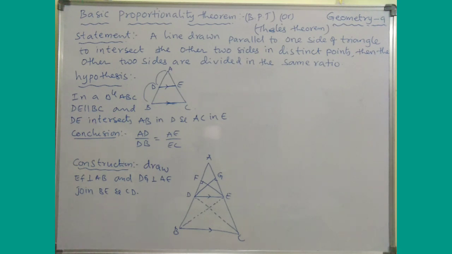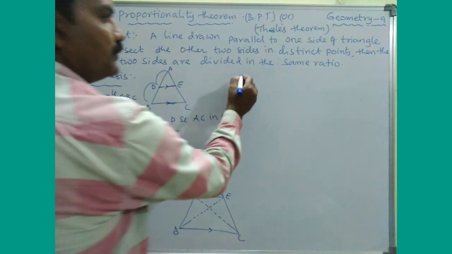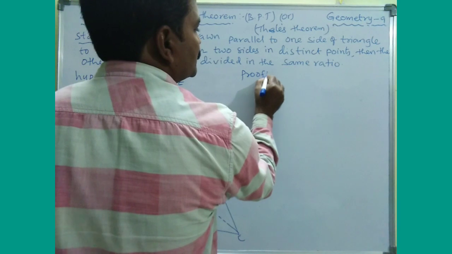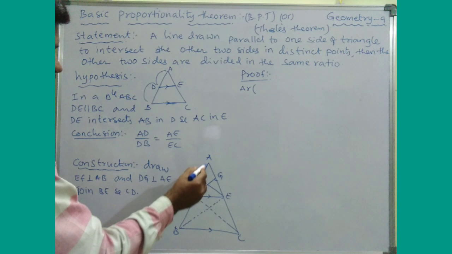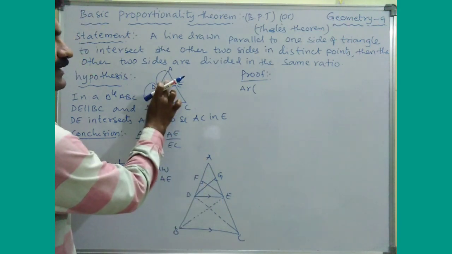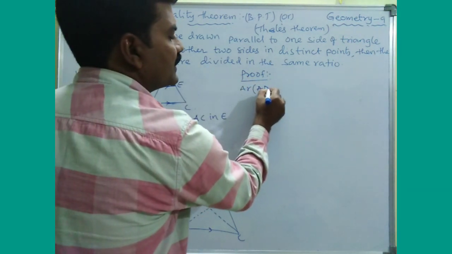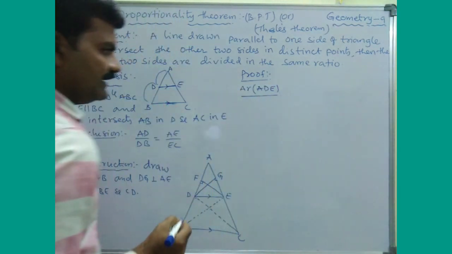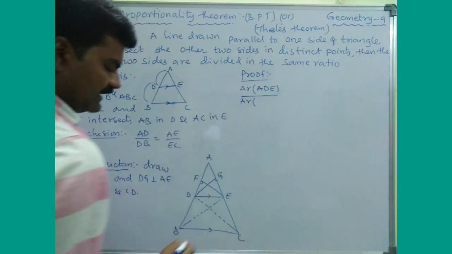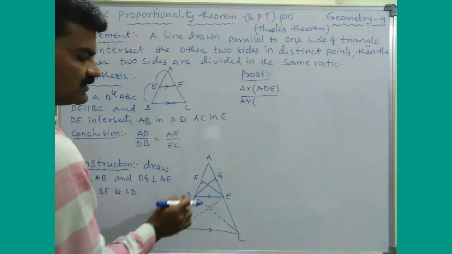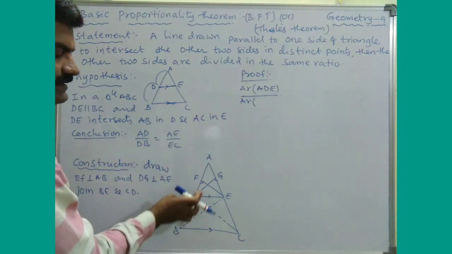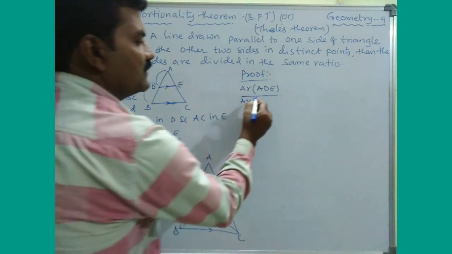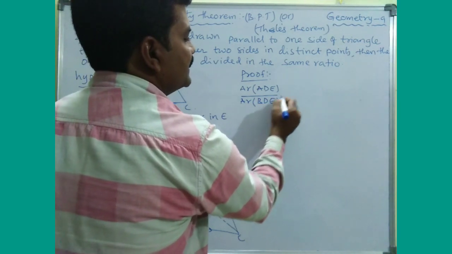Now coming to proof, I want to consider area of triangle ADE, upper one ADE, area of triangle ADE by area of triangle BDE, because ADE and BDE are the triangles which are on the same base. Area of triangle BDE.